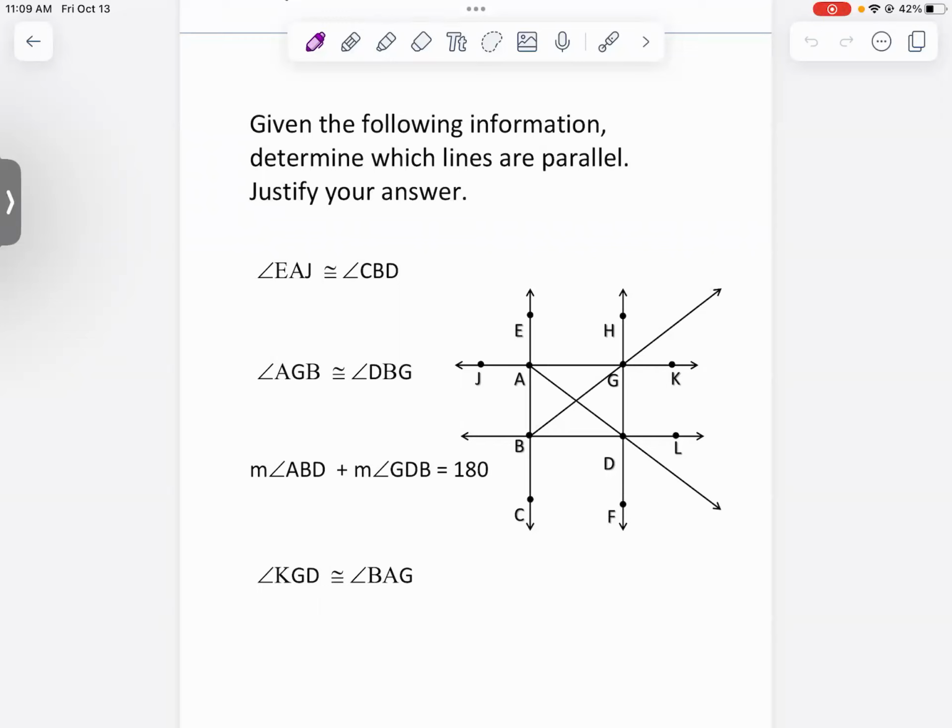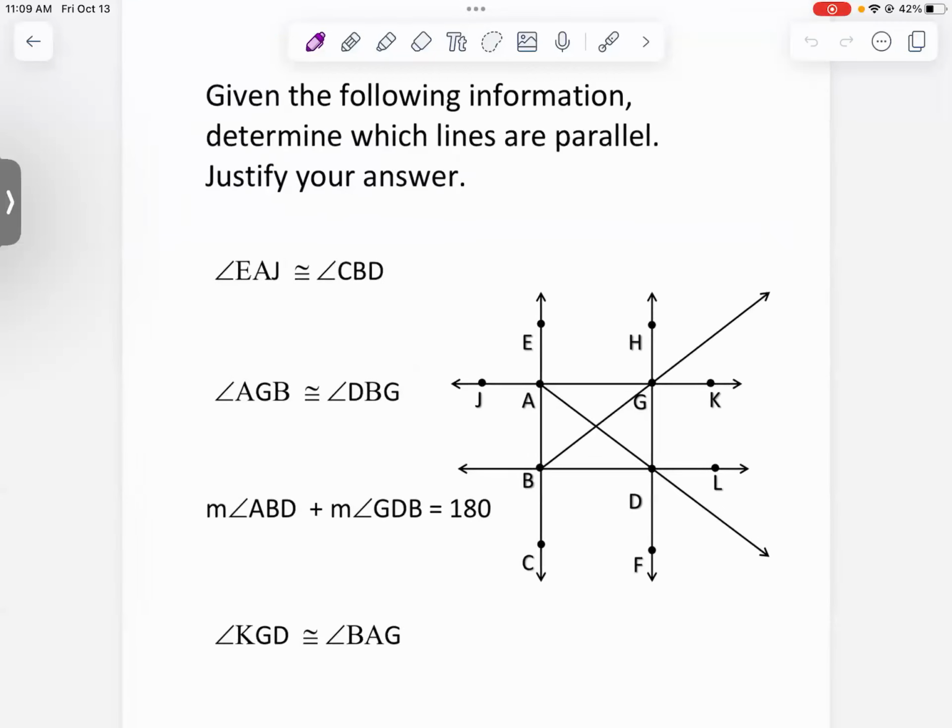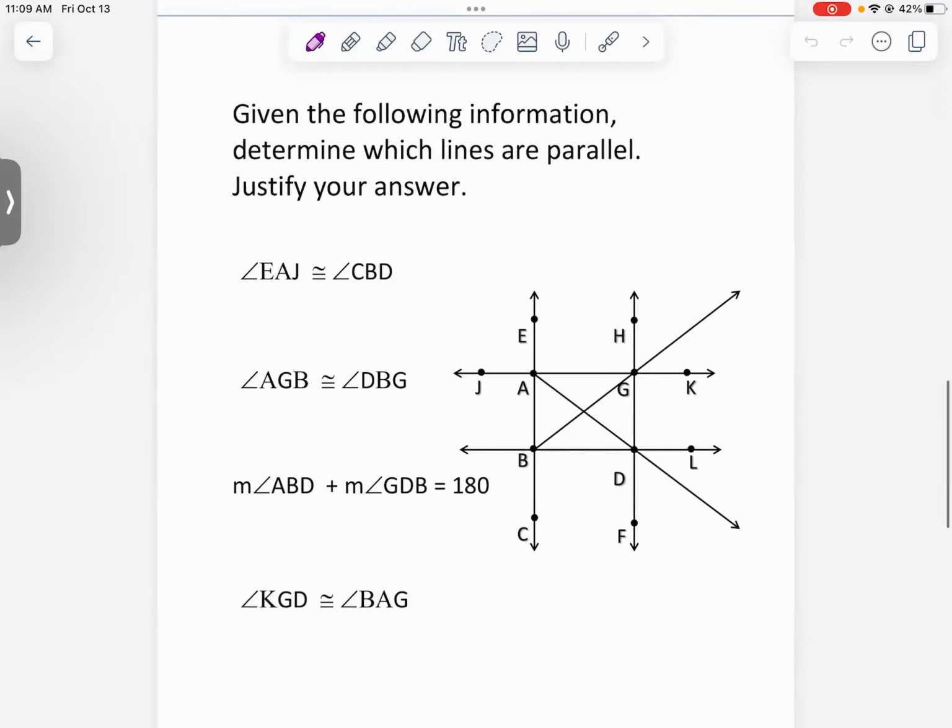All right. Here our diagram is maybe a little bit messier. But you have it in front of you so you can draw. So angle EAJ and angle CBD are congruent. Which two lines does that make parallel and why? Brayden, what do you think?